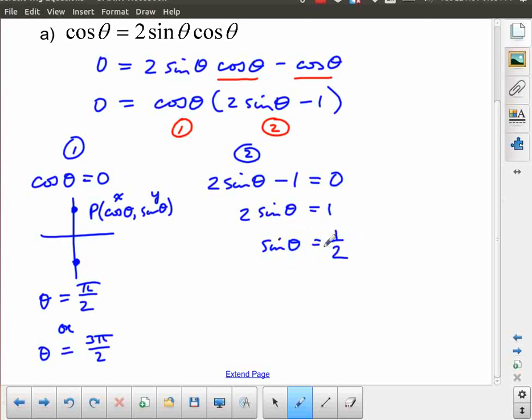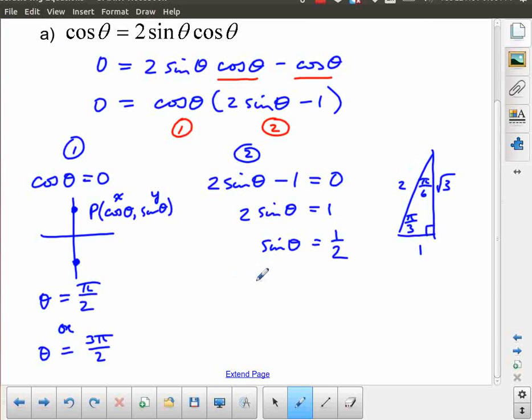And so what value of theta gives me a ratio of a half? If you remember your special triangles, 1, 2, root 3, pi over 6, pi over 3, from here we can see that the sine of pi by 6, opposite over hypotenuse, gives me a half.